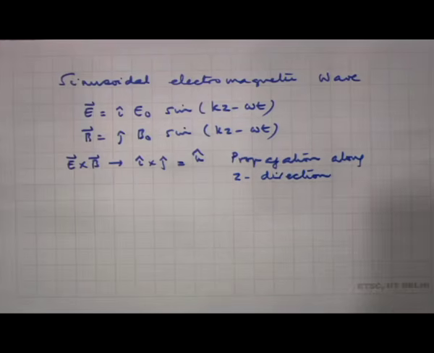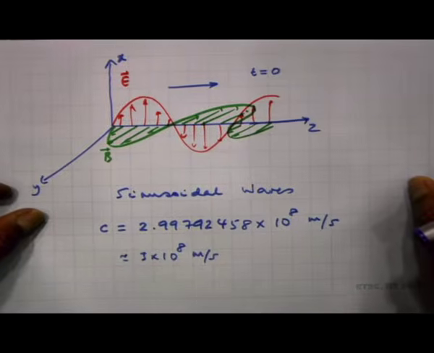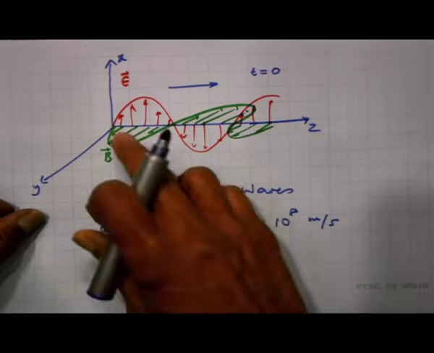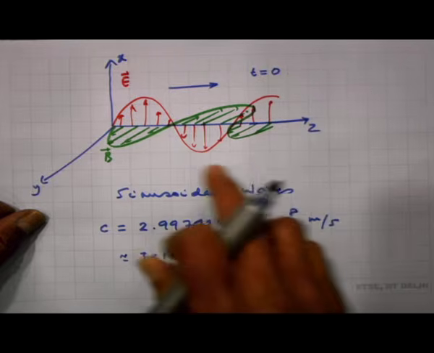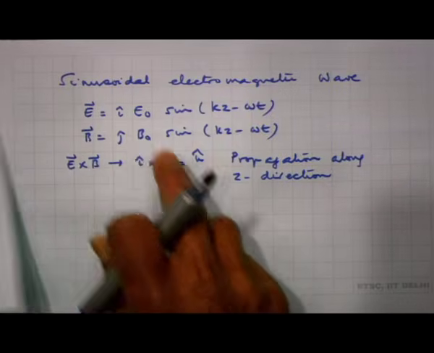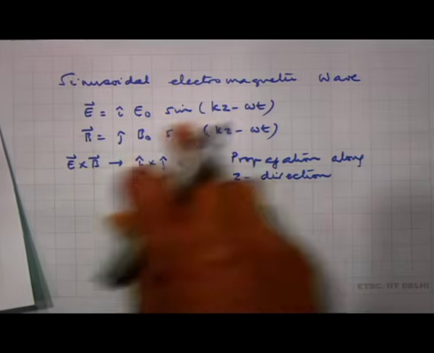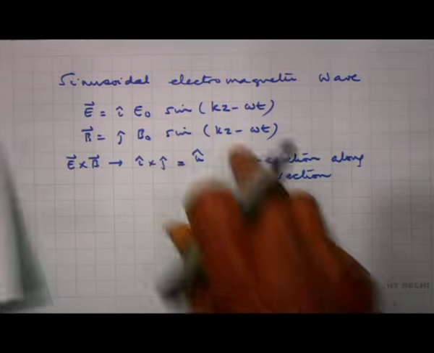So, this is what this figure represents. E cross B must be along the propagation direction. So, this is a wave propagating along the z direction, having magnitude E 0 of electric field, a magnitude B 0 of magnetic field, both of them are in phase.